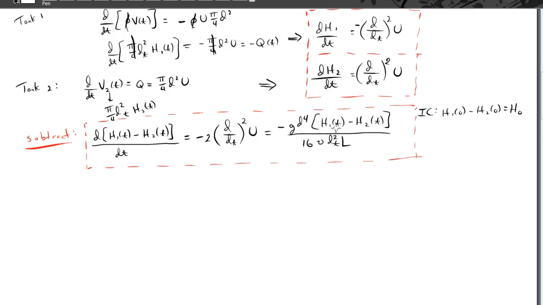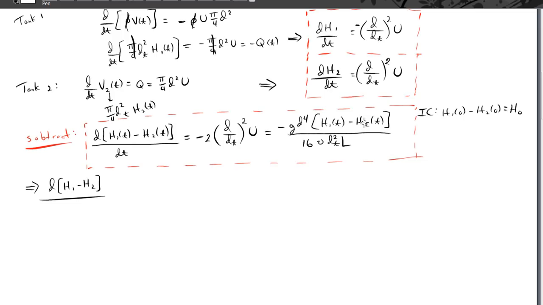So now we can simply separate variables, with our variable being h1 minus h2, and integrate. So we get d of h1 minus h2.